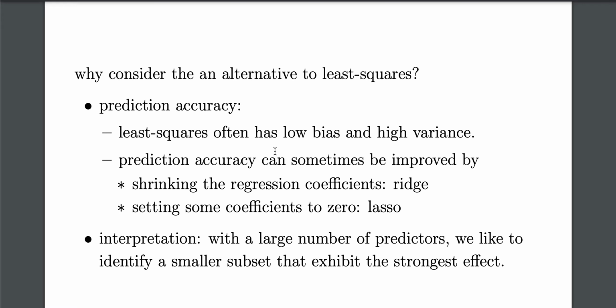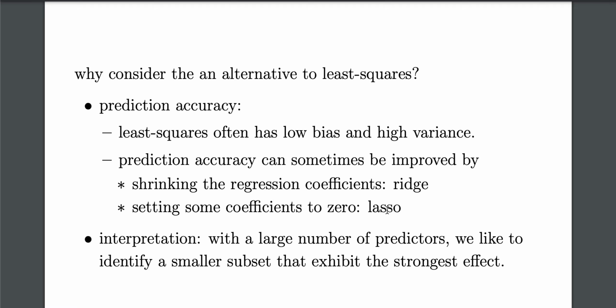And it turns out that by adding a little bit more bias, which means shrinking the coefficients, making them a little bit smaller, which ridge is doing, or setting some coefficients to 0, we can increase the prediction accuracy, because typically we have too many predictors, too few observations, and we have problems you are pretty familiar with.